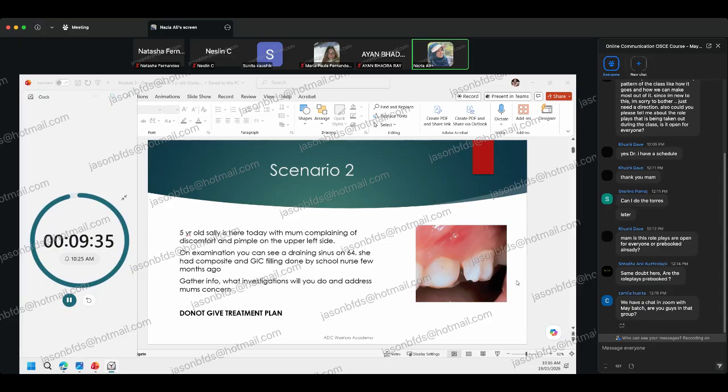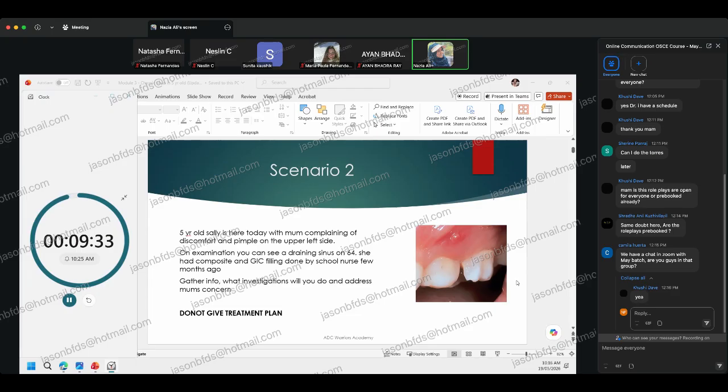To be honest, doctor, this tooth was filled not long ago by the school nurse, and now she's having issues on this tooth. That was quite concerning for me. There's a pimple next to the tooth, and she's been complaining of some bad taste as well. Could you please have a look and tell me if there's any hope for this tooth?